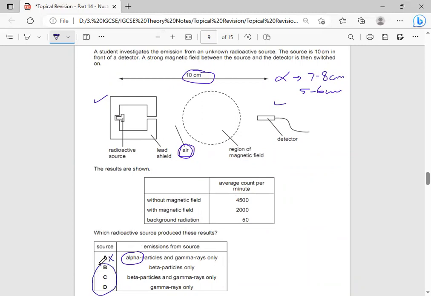Now option B, C and D. Now what we will do, we will go through the results. Without magnetic field, the reading was 4500.